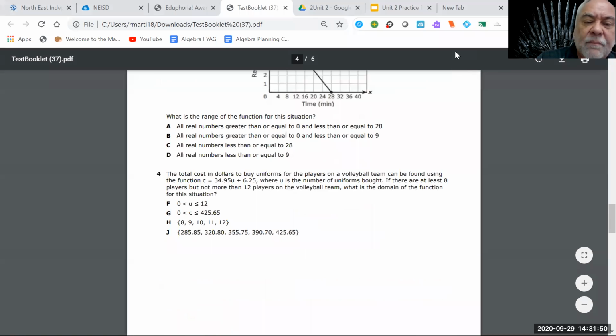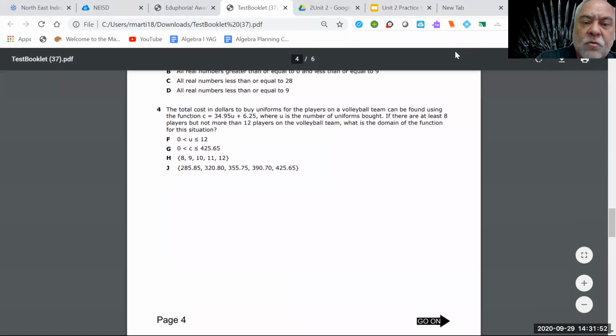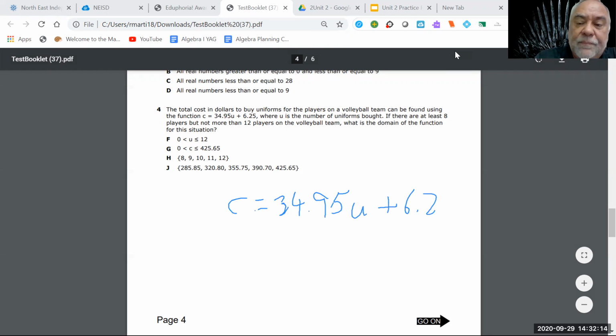Okay, number 4. Total cost to buy uniforms for the players on a volleyball team can be found using the function C is equal to 34.95 times U plus 625. Remember, it doesn't matter whether these are X's or Y's.